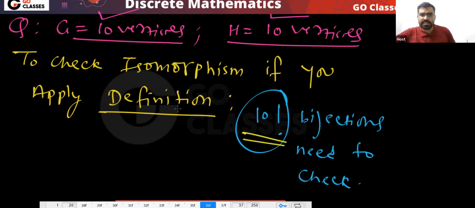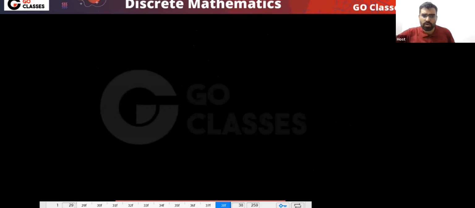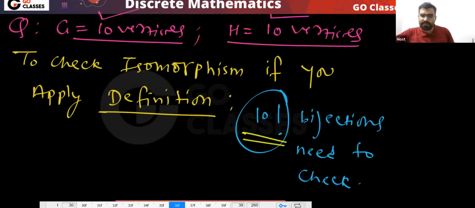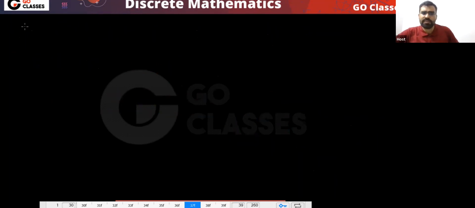So that is the reason we will never apply the definition of isomorphism. I told you this definition because in the NET exam, there is a question in which they directly ask the definition. There are 4 options, and in those options they ask the definition of isomorphism.